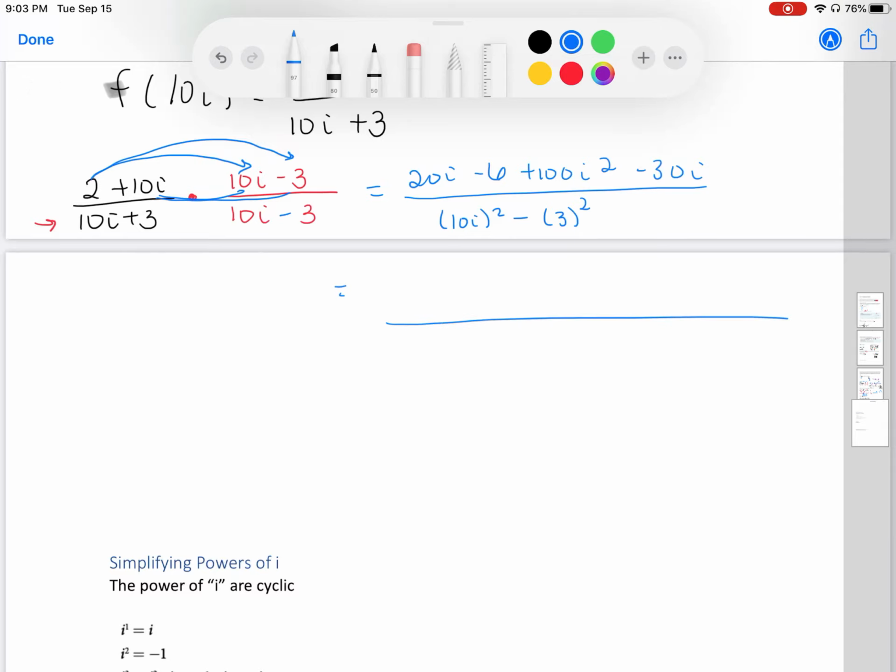In my denominator, I have 10 squared is 100, and i squared is i squared, minus 3 squared, that gives us 9. In my numerator, I can combine those i's, 30 and 20. So 20i minus 30i, negative 10i, minus 6, plus 100, and i squared is negative 1.